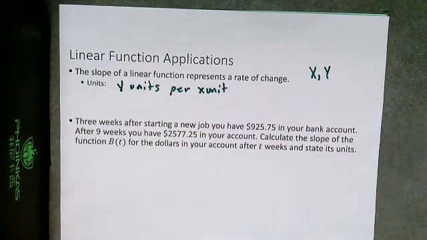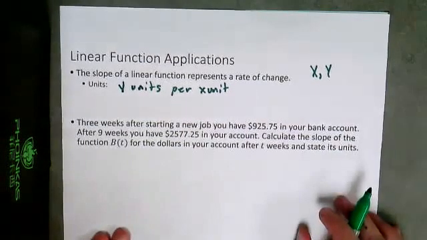Calculate the slope of the function b of t for the dollars in your account after t weeks and state its units. Okay, so t is in weeks, and b of t is money in your account, in terms of dollars.